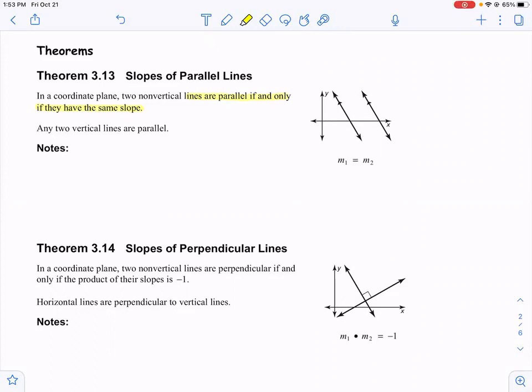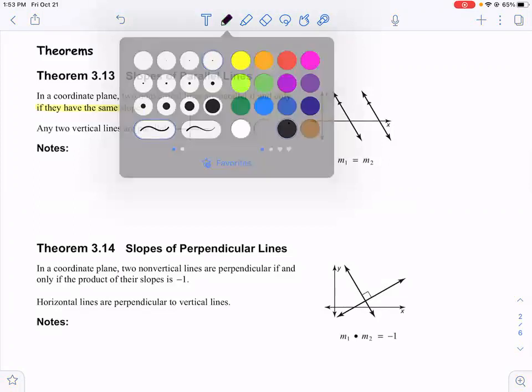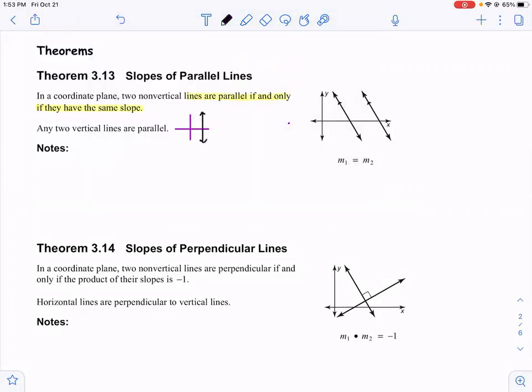Let's talk about vertical lines. A vertical line is going to have the equation x equals some number. Okay.